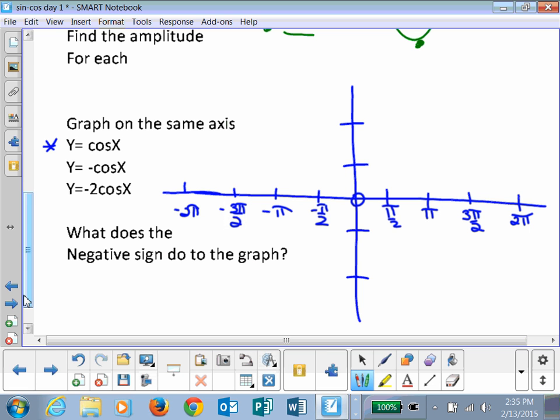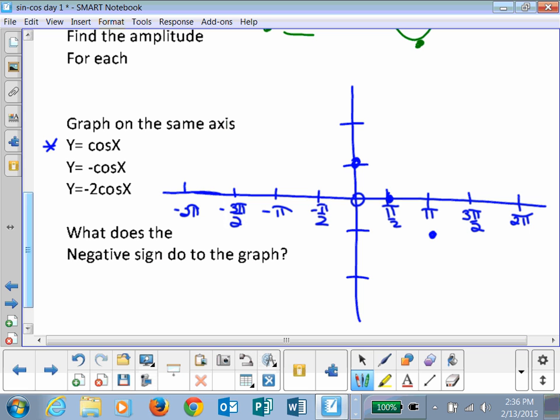What's the cosine of 0? 1, right? So it starts differently. Where the sine starts at 0, at the origin, the cosine starts up because the cosine of 0 is 1. But the cosine of 90 degrees, or pi over 2, is 0. And the cosine of pi is -1.